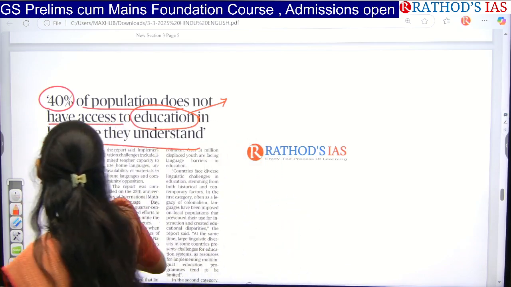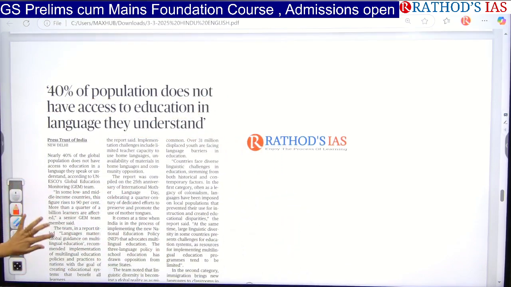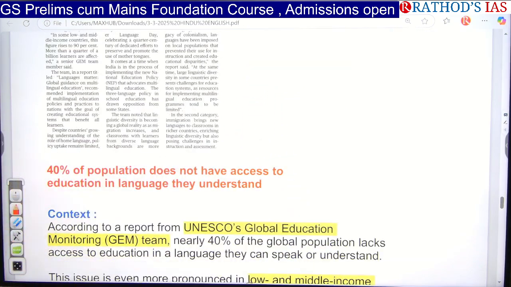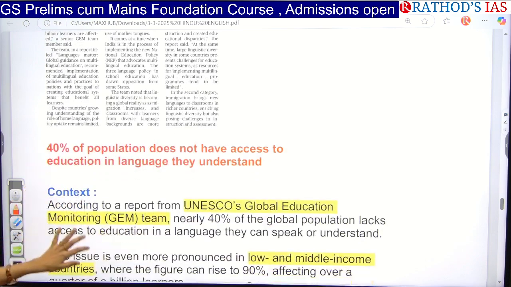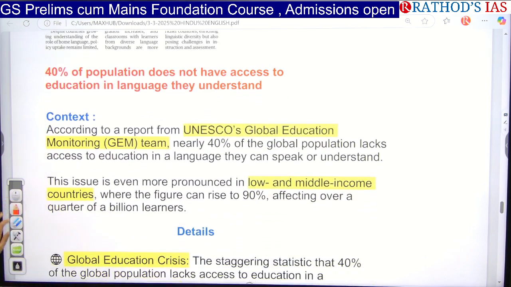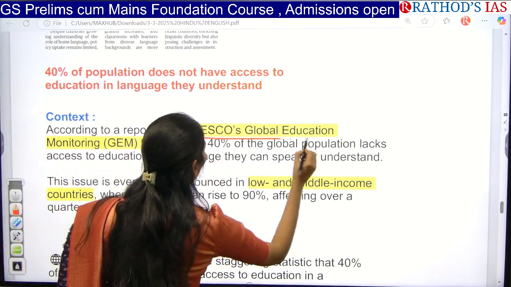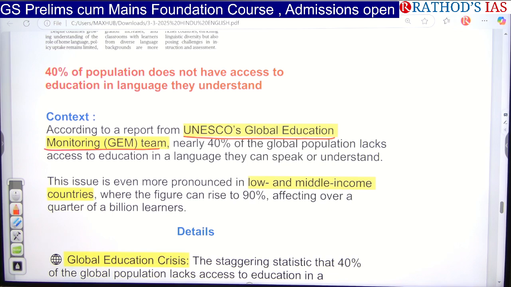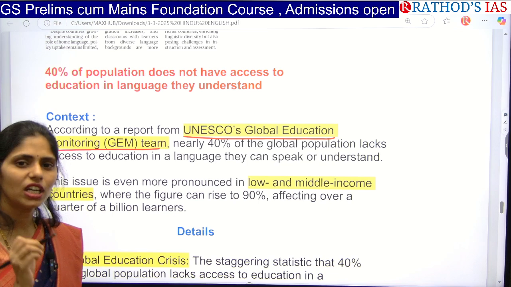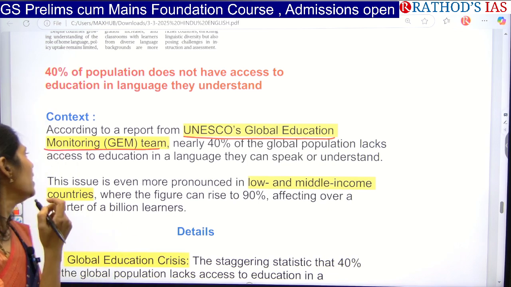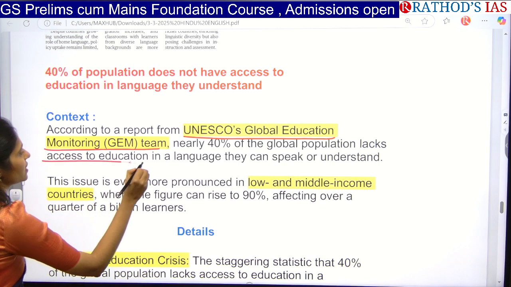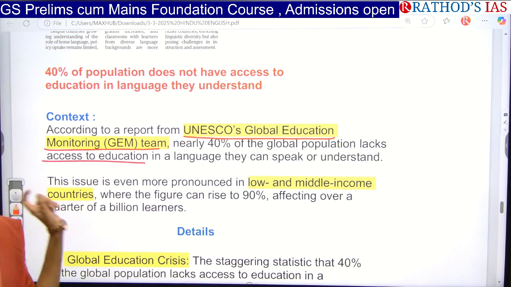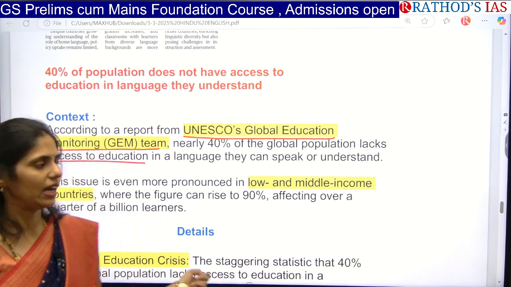So actually what this article is saying is that there is one report, which gives data globally, that means across the globe. According to this report from UNESCO Global Education Monitoring, it says that 40% of people across the globe are not getting access to education in a language they can speak and understand.